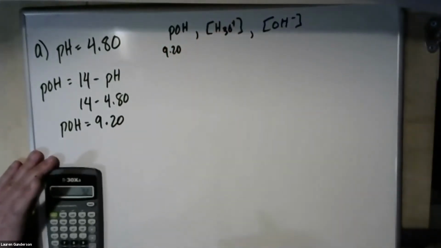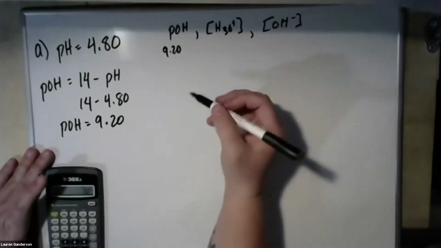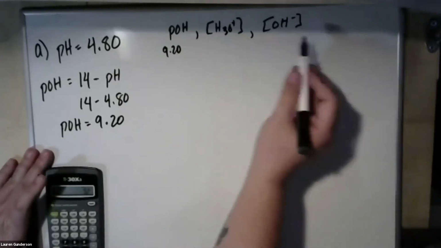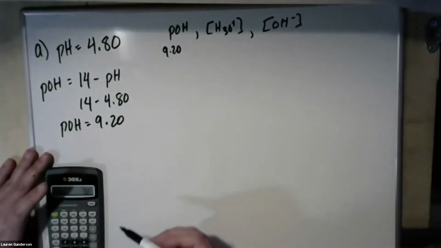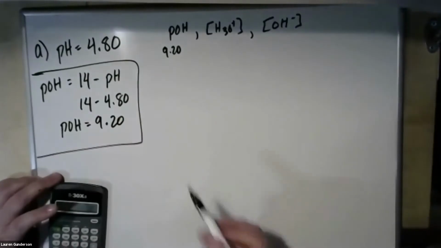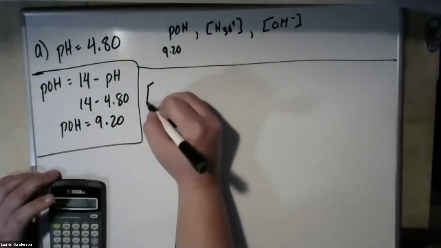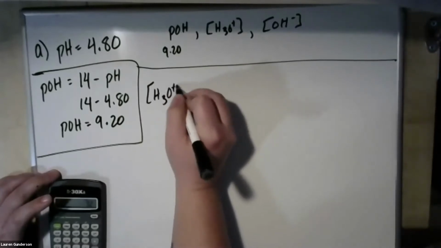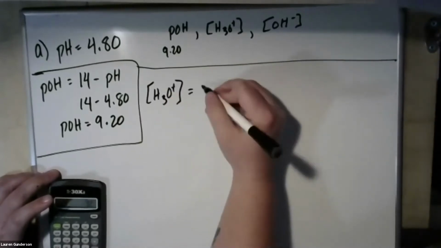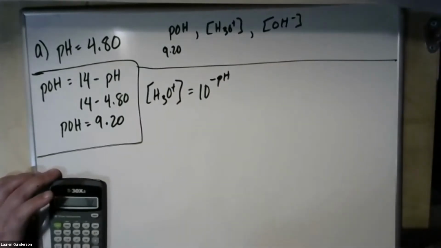Now that we have a pH value and a pOH value, it's going to be a lot easier to find our concentration values. I'll box this first calculation off. To find our hydrogen ion concentration, we're just going to do 10 to the negative pH. Easy as that.